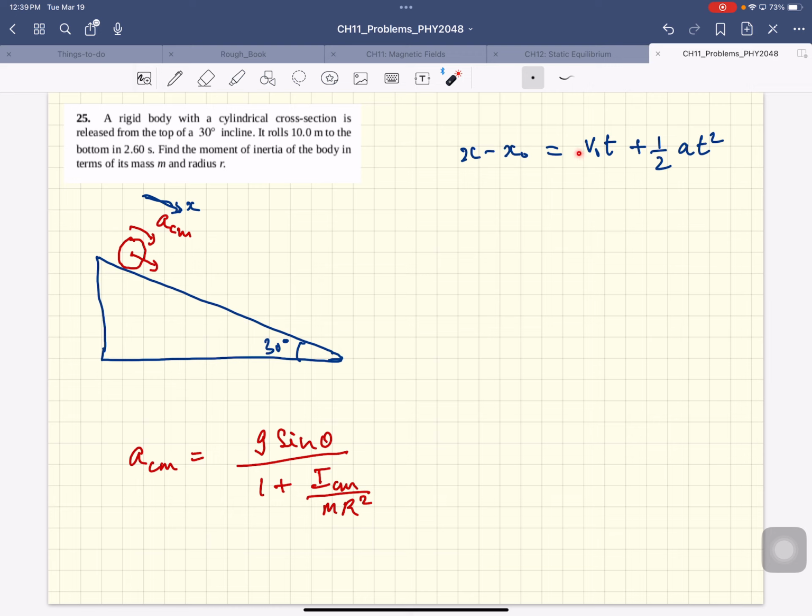Initial velocity is 0, so that term will be 0. So 10 meters equals 1/2 a t squared.